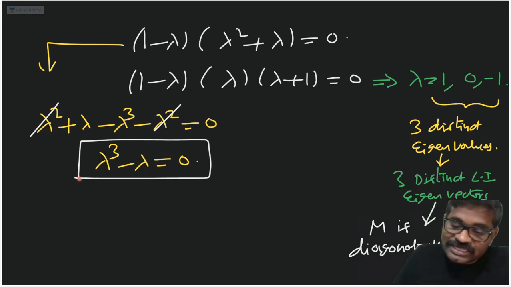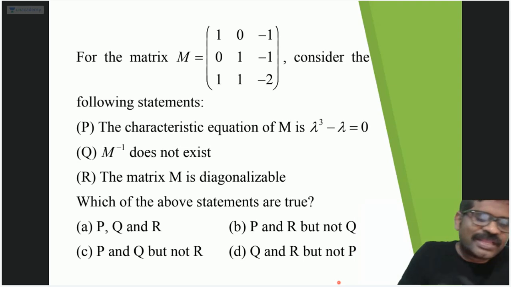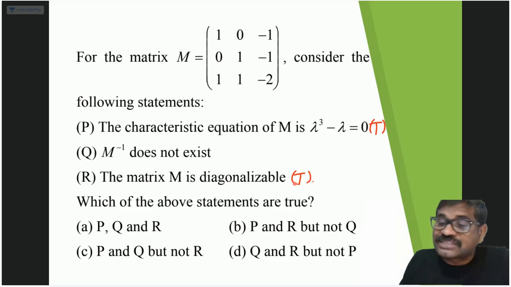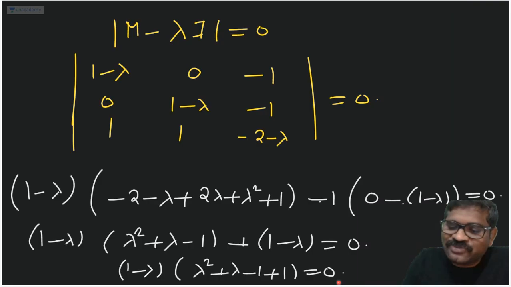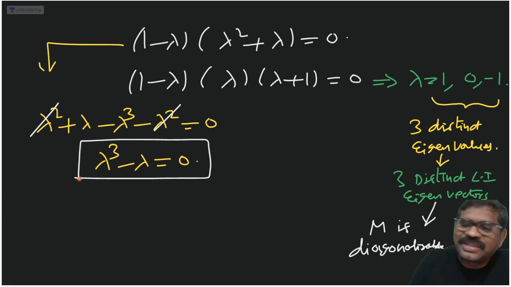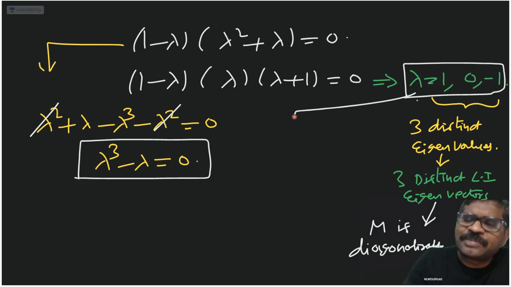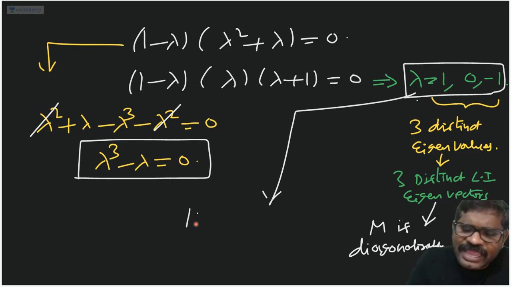That statement is also clear. This is true. Diagonalizable is true. M inverse does not exist. Yes, that is also true. Because one of the eigenvalues is 0. Right? If one eigenvalue is 0, the determinant value of M equals the product of eigenvalues, right?